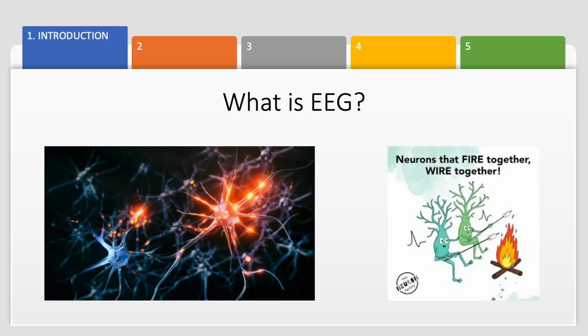All these neurons together will fire and give us the signal that can be measured through the placement of electrodes on the scalp. So like in this image here, you're able to see how these neurons are communicating and transmitting this electric impulse.